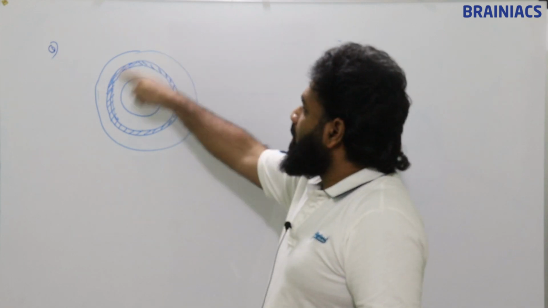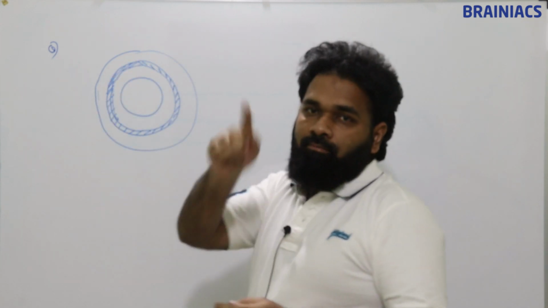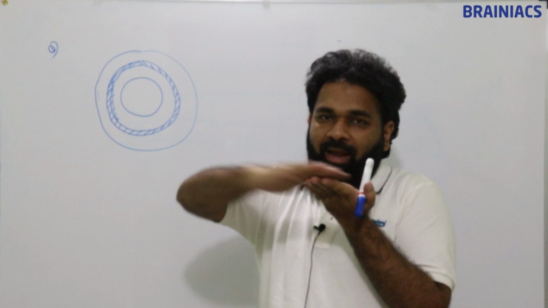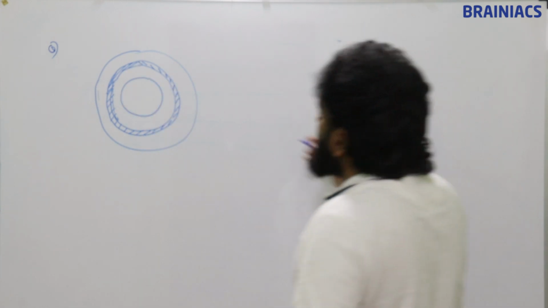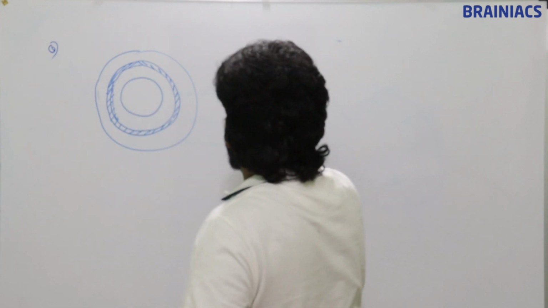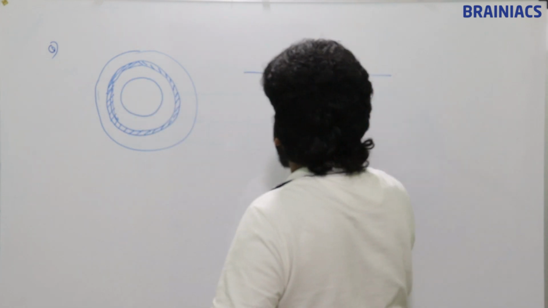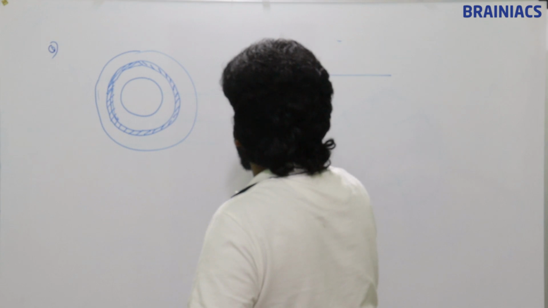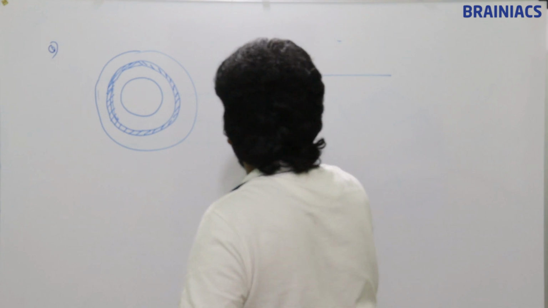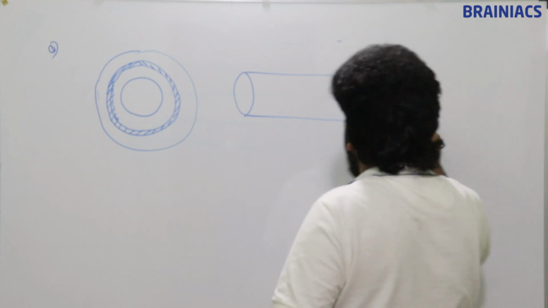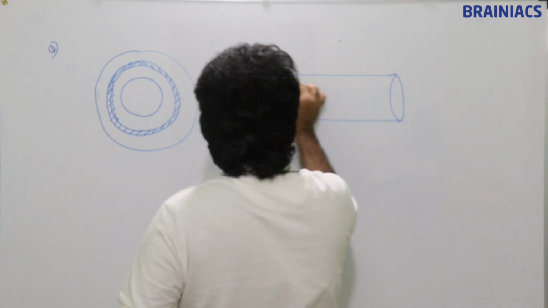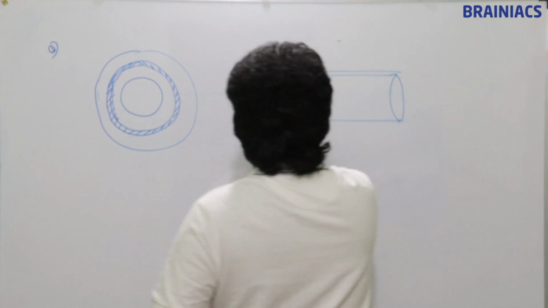So this is not just a plain strip. This is actually a cylinder. So when you take this cylinder, it will appear in this way. This will be a strip of cylinder.